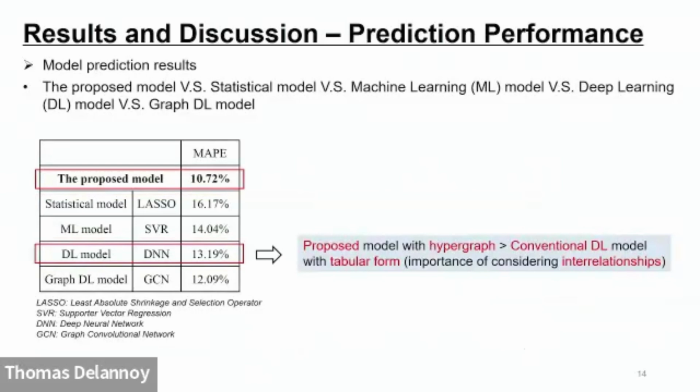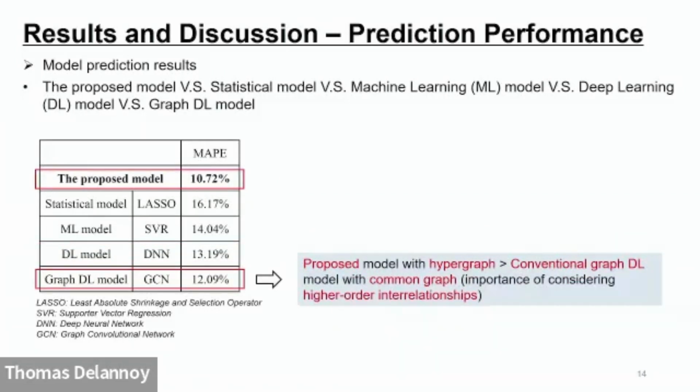So this means considering the interrelationships among different cost factors in the machine learning model is important. It's also more accurate than the traditional graph deep learning model like the GCN with the common graph input form. So this validates the importance of considering the higher order interrelationships through the hyperedges in the hypergraph in our previous formulation.